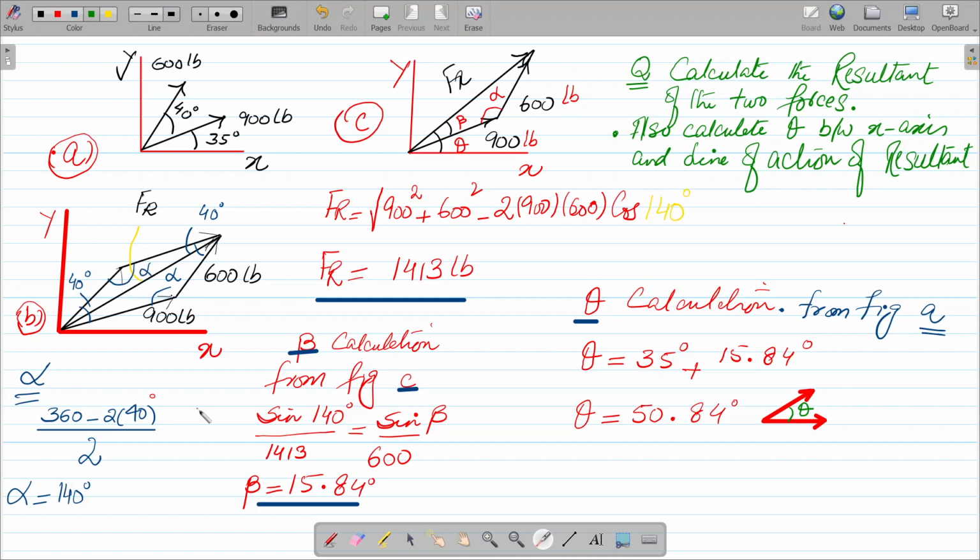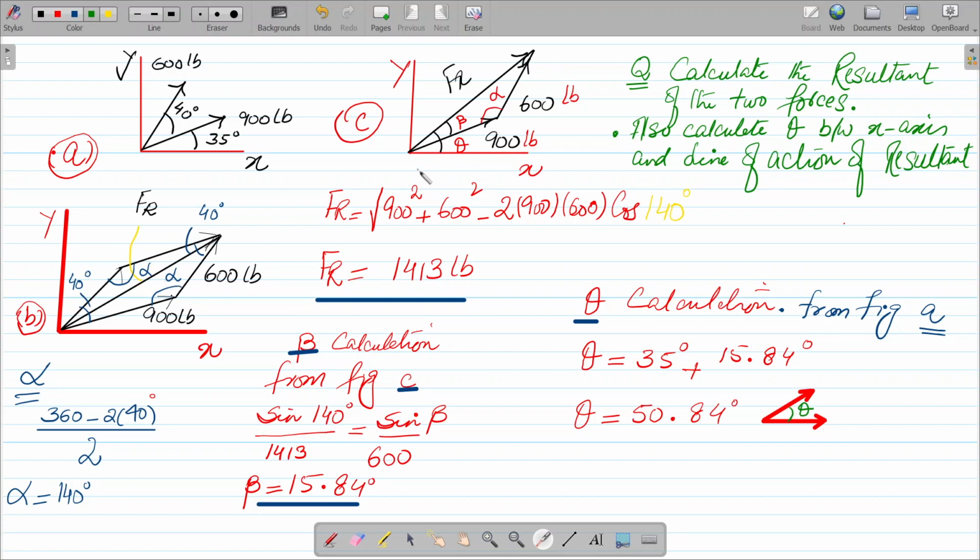Once this is done, we need to calculate the resultant. So we will take out of this parallelogram a triangle, with the 900 pound force, the 600 pound force and alpha. When we take this triangle out in figure C, this is the 900 pound force, the 600 pound force, and this is our resultant.